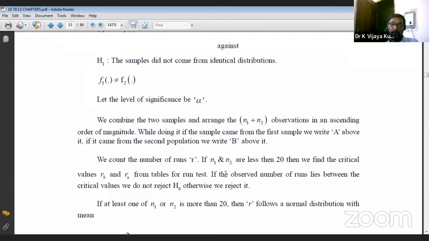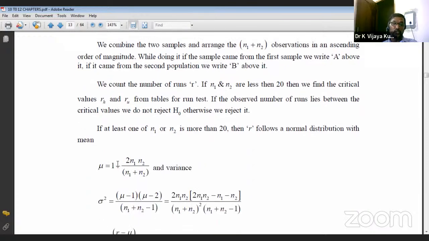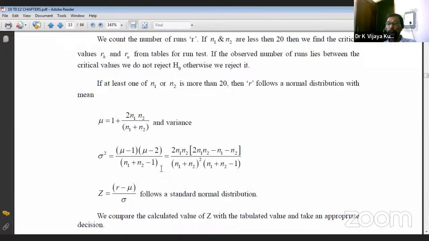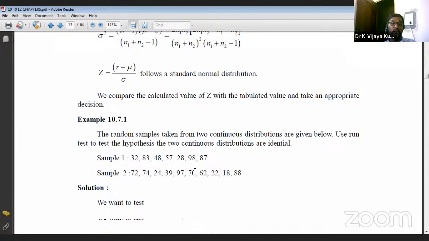If the observed number of runs lies between the critical values, we do not reject H0; otherwise we reject it. If n1 and n2 are more than 20, the formula is mu = 1 + 2 n1 n2 / (n1 + n2), and sigma squared = 2 n1 n2 (2 n1 n2 - n1 - n2) / ((n1 + n2)^2 (n1 + n2 - 1)). The statistic is (R minus mu) by sigma, so we can compare for sample 1 and sample 2.